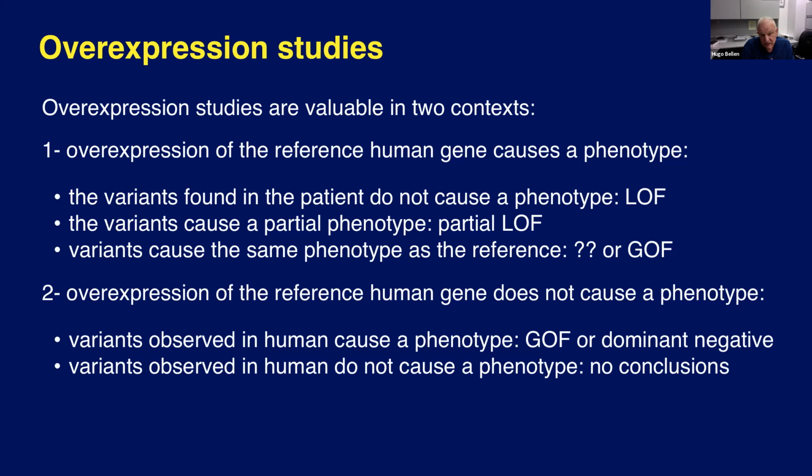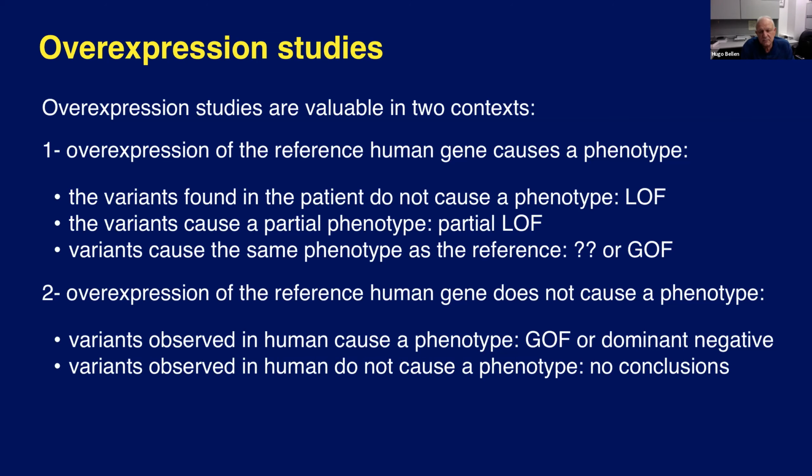And sometimes the variants cause the same phenotype as the reference when overexpressed, and then either it's not affecting the protein, or it may be a gain of function mutation, and that obviously needs to be explored further. Overexpression of the reference human gene often does not cause a phenotype, but then when we test the variants that are found in the human, they sometimes cause a phenotype.